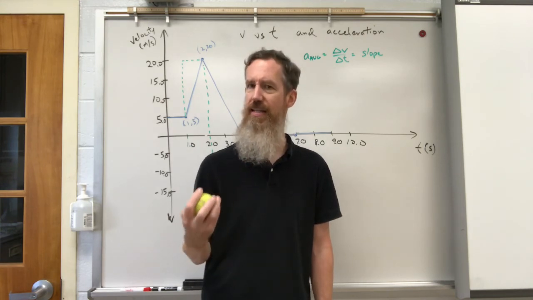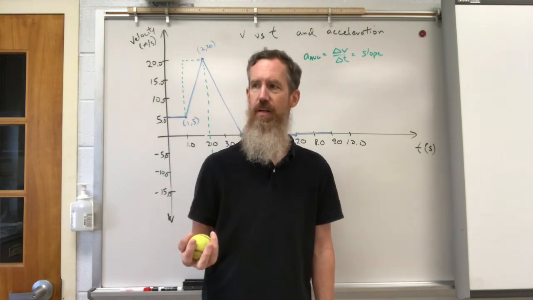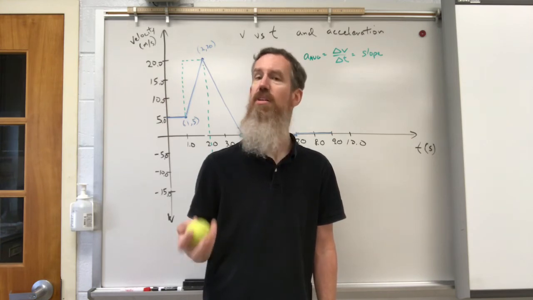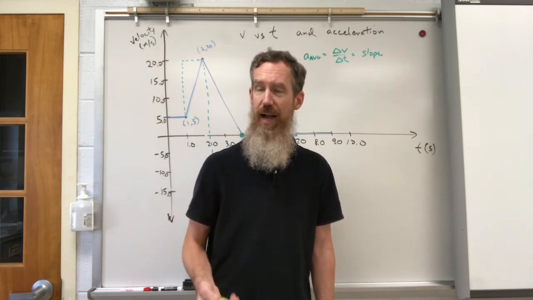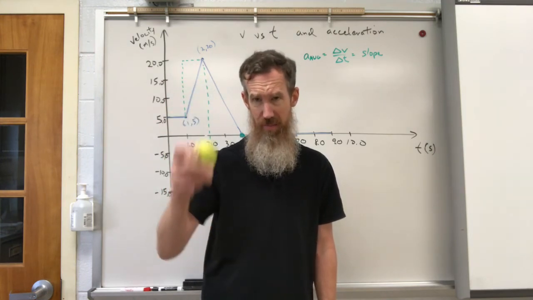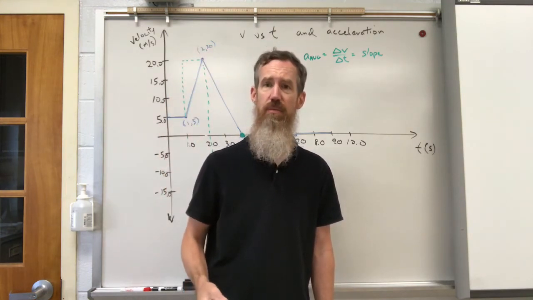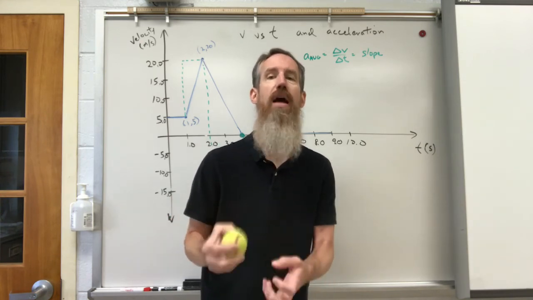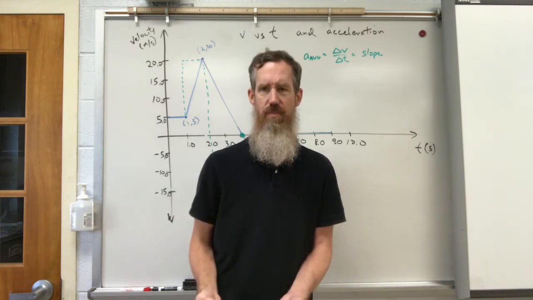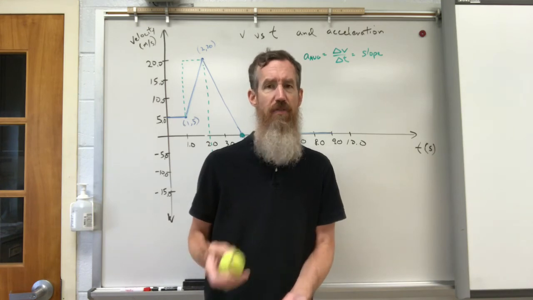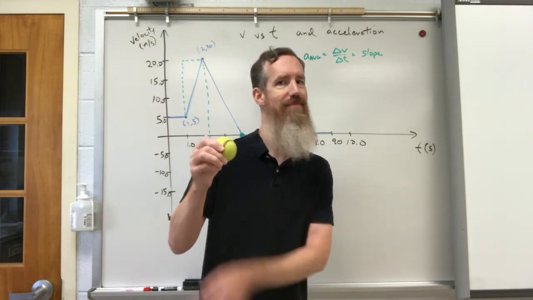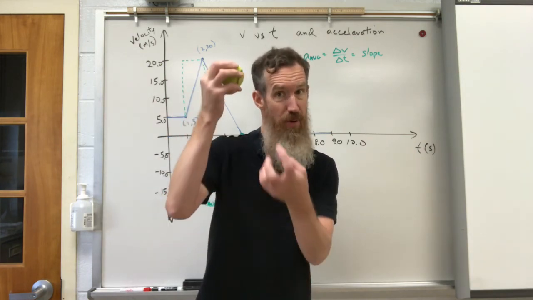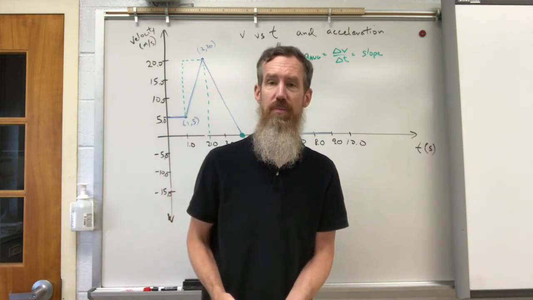Well, what causes that to happen? Gravity. Gravity's acting on the ball. Does gravity act differently on the ball as it's moving up versus moving down? No. Gravity acts the same all the time. Gravity is always trying to pull the ball down. If the ball's moving up, gravity's trying to pull it down. If the ball's moving down, gravity's still trying to pull it down even more.